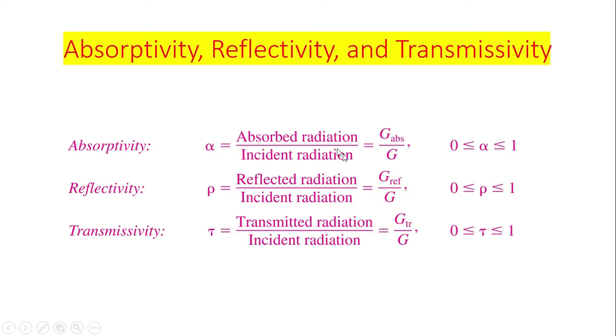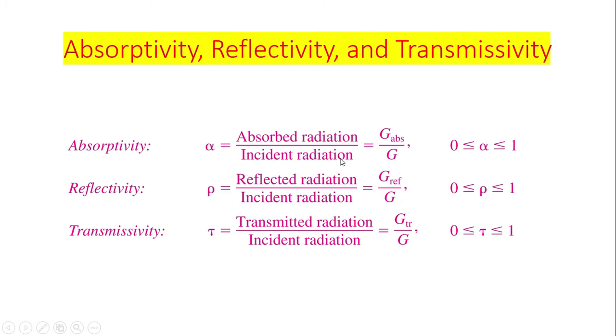The absorptivity is the ratio of the absorbed radiation divided by the incident radiation. So the ratio is always less than 1, right? It means that if the incident radiation is coming on the surface, a part of this radiation will be absorbed.